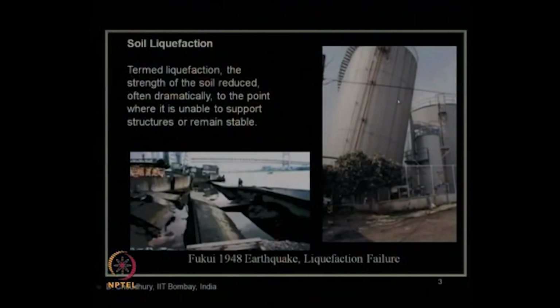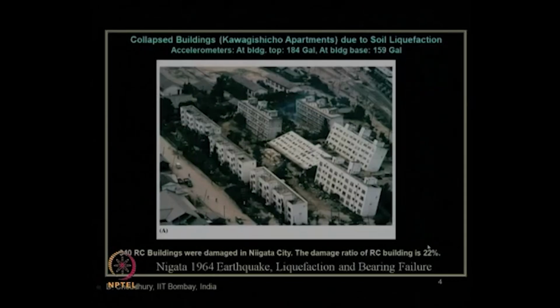Through this picture, as we can see, this huge structure which was constructed on a foundation, after the failure of the soil due to soil liquefaction, you can see the amount of tilting which occurred on this superstructure. So, finally, it totally collapsed or tilted like this. We have also seen in our previous lecture the collapse of a building due to soil liquefaction failure.